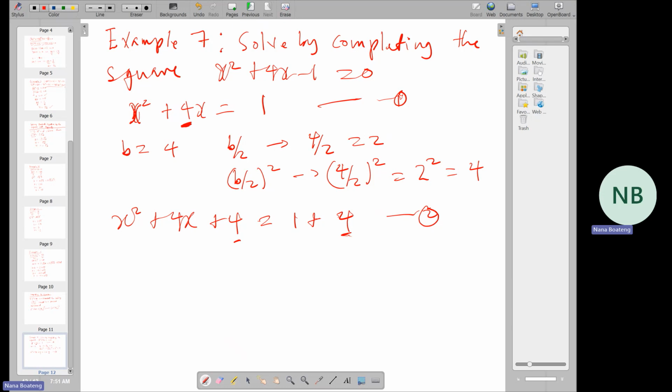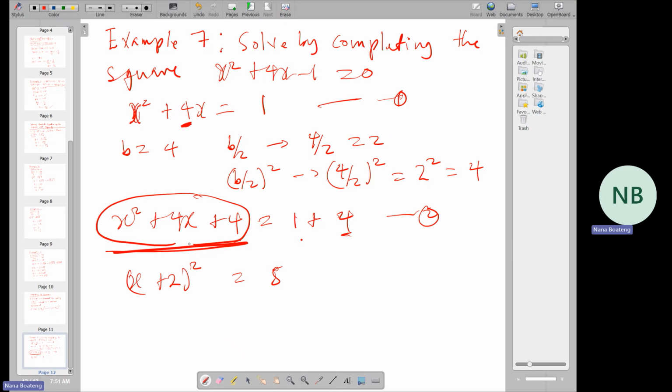So from this, we can rewrite this as a perfect trinomial, x plus b divided by 2 all squared. And so x plus 2 squared is equal to 1 plus 4, which is 5.